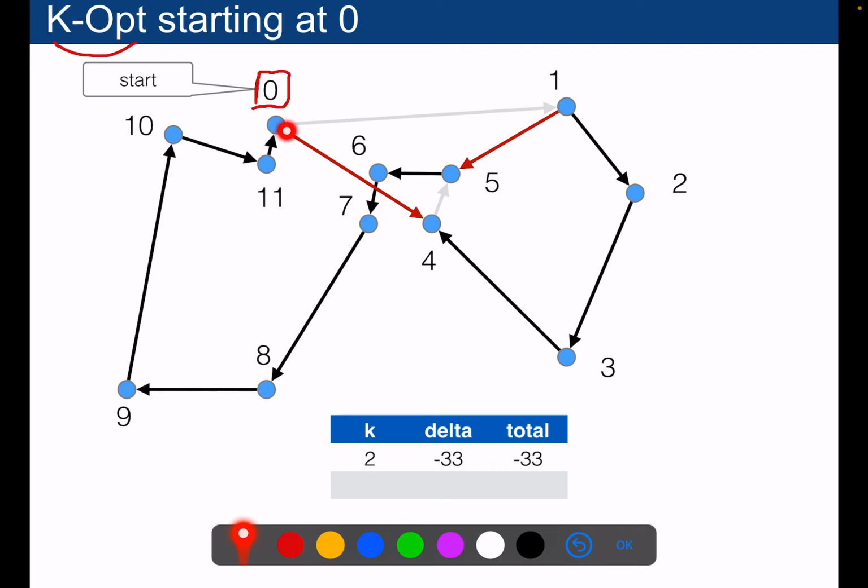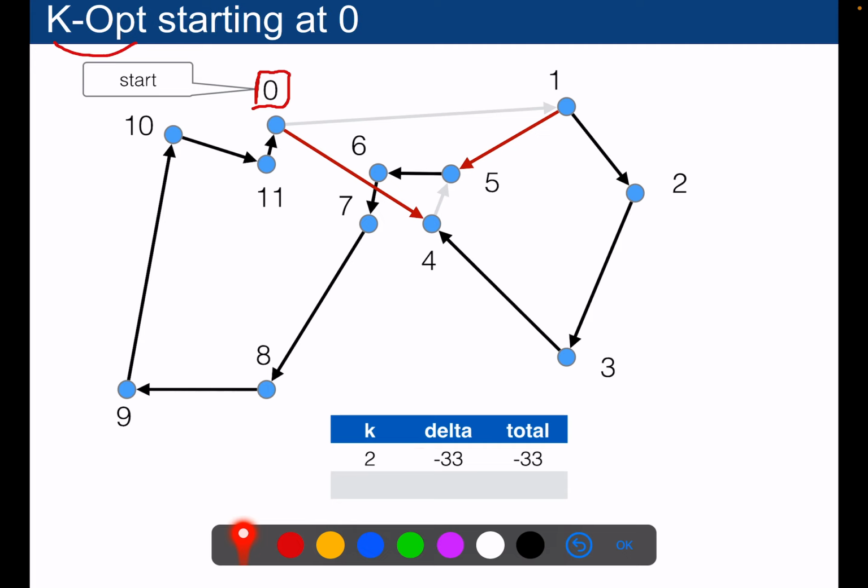The gray one will be removed, then include that one. Then we remove that one, and then we include that one, right? And you see that the gain, if you would do that, is beneficial. It's interesting to do it because the total length would be decreased by 33. So we would have an interest in doing that move.